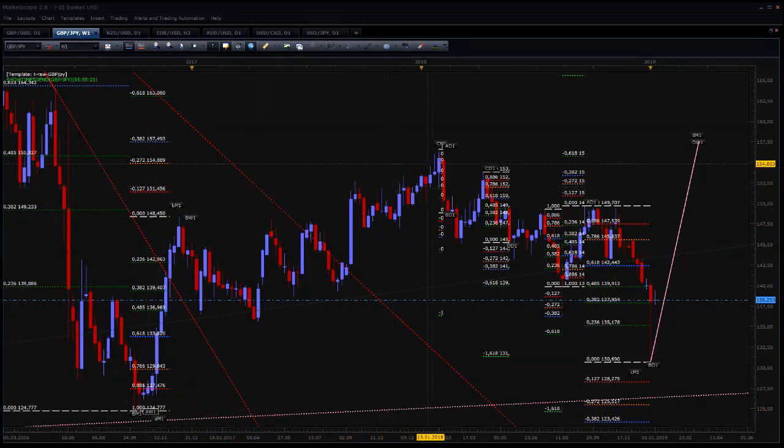Found resistance at 1.272 and started to wave down. And because this is a pullback of a down AB, here we have C, the closest point to the A. So from this point forward, I started to analyze waves downwards again and switched it to daily.